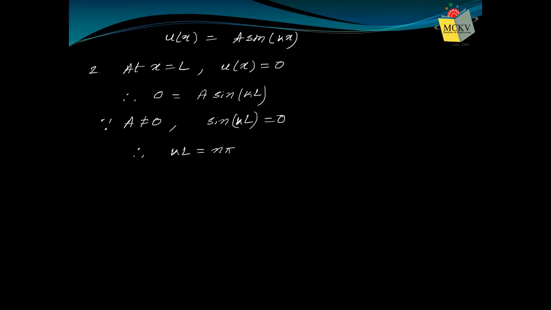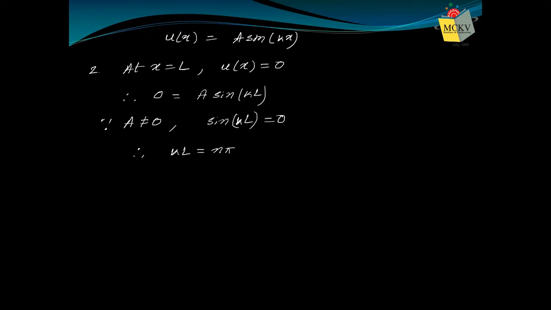Mathematically, n can be 0, 1, 2, 3, 4, etc. Like 0, pi means 180 degrees, sine 180 degrees is 0, or sine pi is 0, then 2 pi, 3 pi, 4 pi, 5 pi. For all these values, sine will be 0. So for all these values of theta or kL, sine will be 0. So mathematically, kL equals n pi, n can be 0, 1, 2, 3, etc.